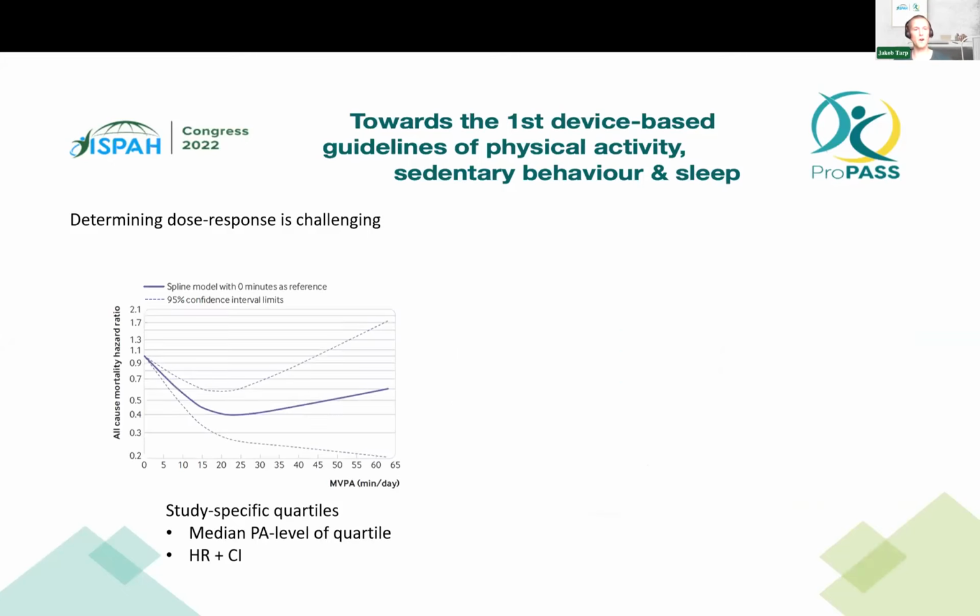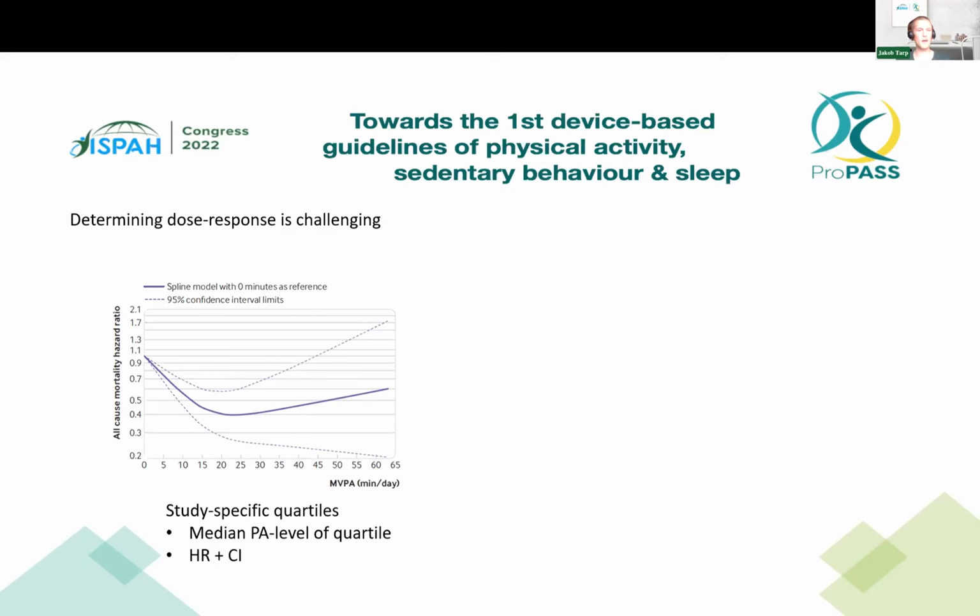To overcome this variation in absolute levels across the studies, we try to pool all the data into a continuous dose-response analysis, and this is shown here in the figure. This is based on the same data, so it's study-specific quartiles and median physical activity level, and then the hazard ratios and the confidence intervals to decide how much weight is given to each study.